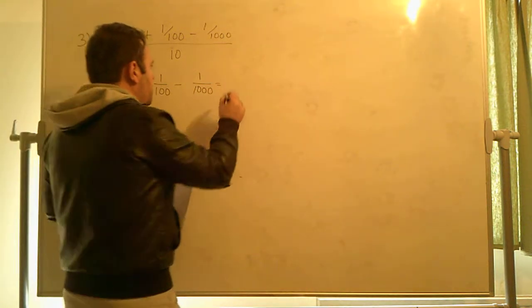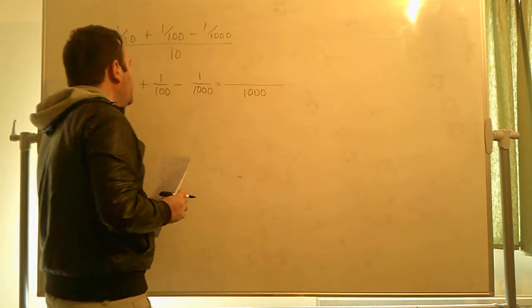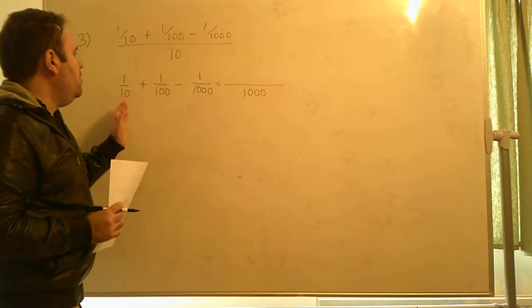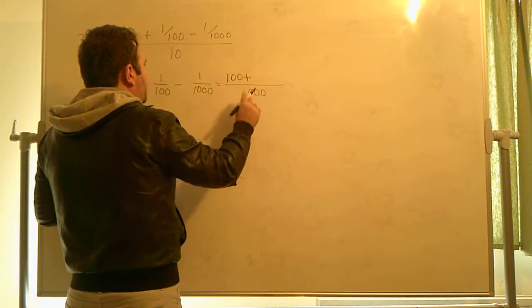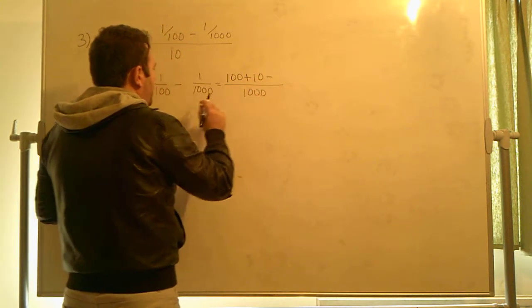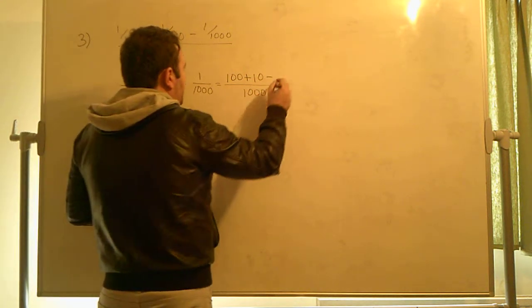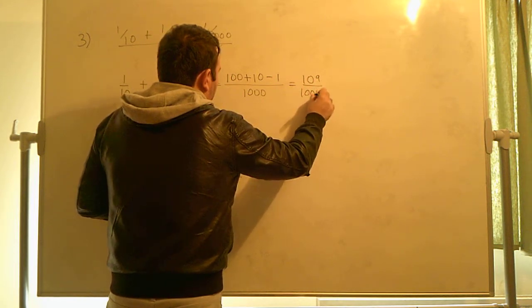So the least common multiple in this case would be 1000. So 1000 divided by 10 is 100, times 1, 100, plus 1000 divided by 100 is 10, times 1, 10, minus 1000 divided by 1000 is 1, times 1, 1. Then this would be 109 divided by 1000.